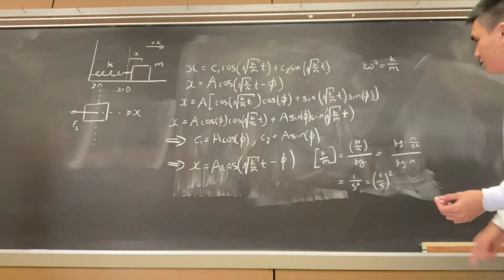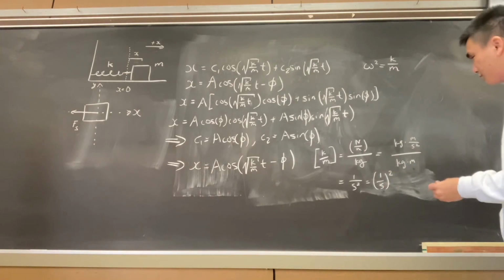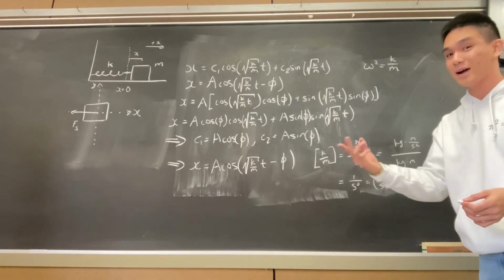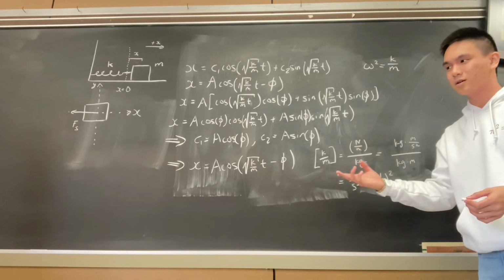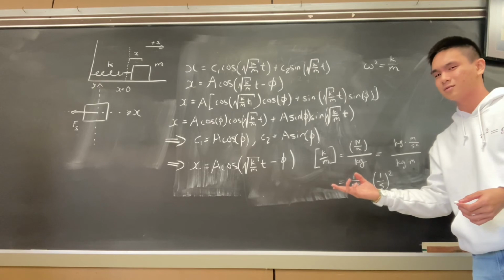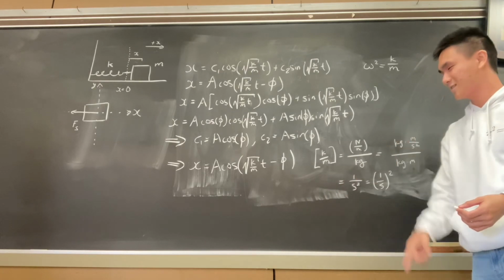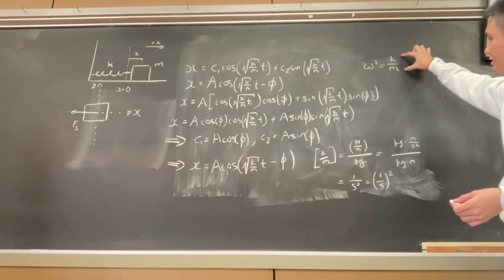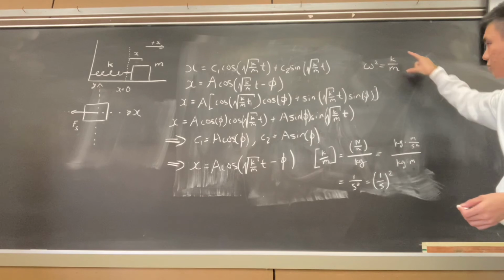I know this is a little bit confusing, but if you look at the arc length formula, S is equal to R theta, S is in meters, R is in meters, but theta is in radians. So yeah, radians is a natural unit. So I can rewrite this as basically omega squared is equal to k over m, because the units of this is frequency squared.